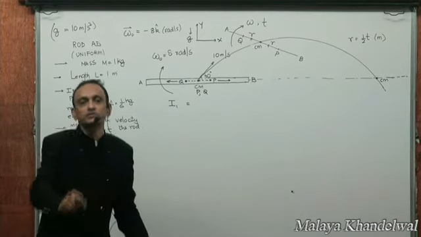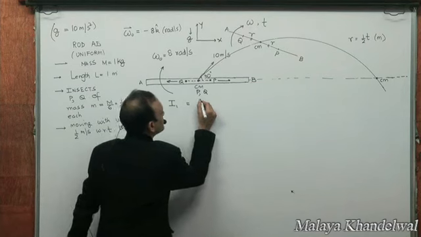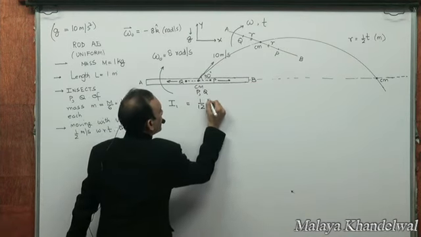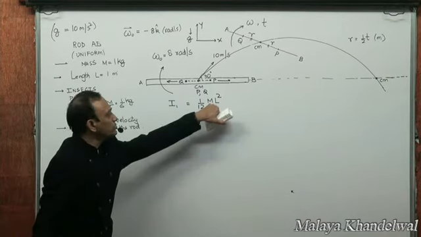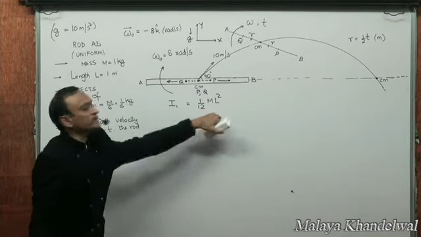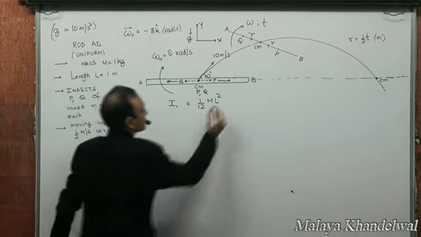They would not have contributed to the moment of inertia. And that would have been simply 1/12 ml squared. L is the length of the rod, and so on and so forth. M is 1 unit, L is 1 unit. So, I1 would have been simply 1/12 SI units.